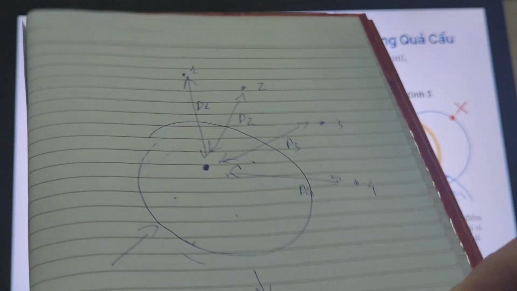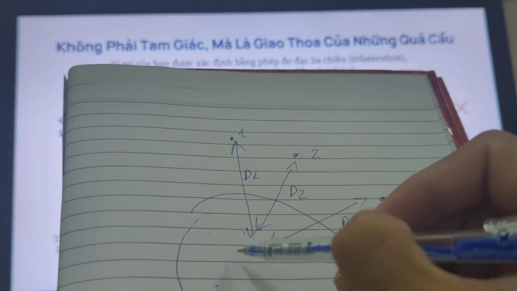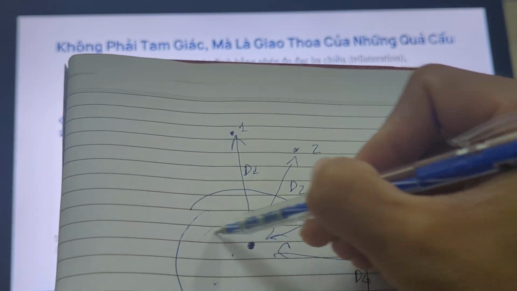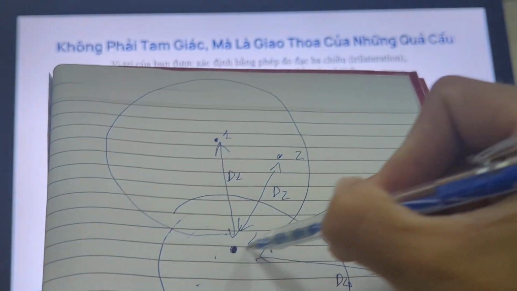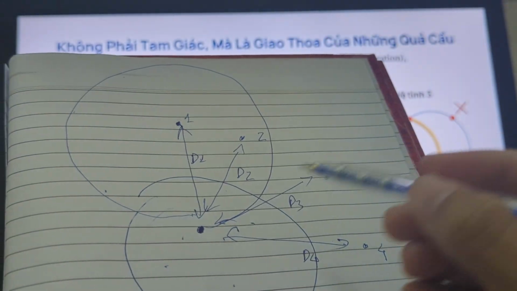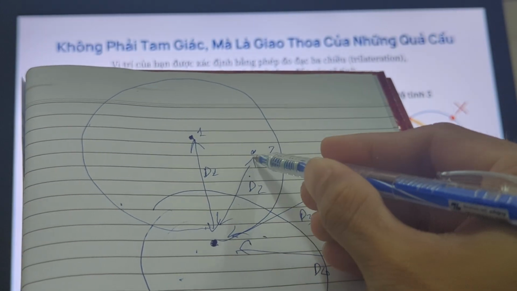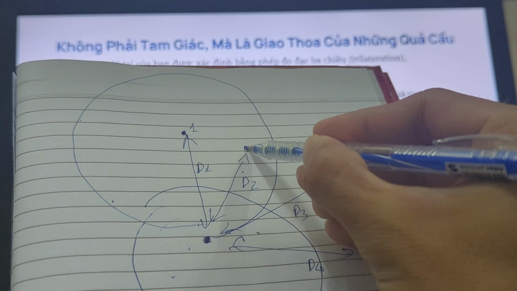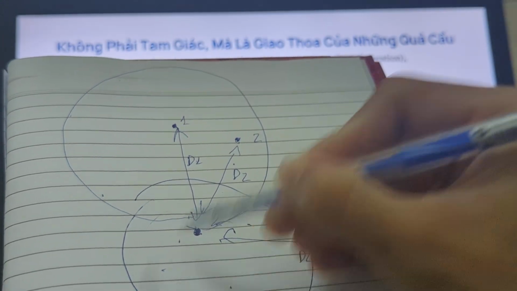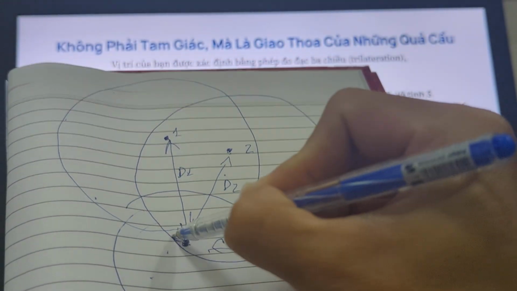Why? I will explain. If you know the distance D1 from you to satellite 1, you will be somewhere on the circle around satellite 1. You might be here, or here. If you know the distance D2 from you to satellite 2, you will be somewhere on the circle around satellite 2.